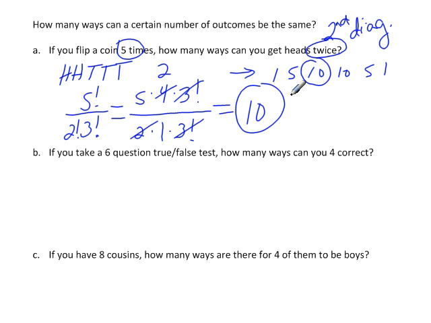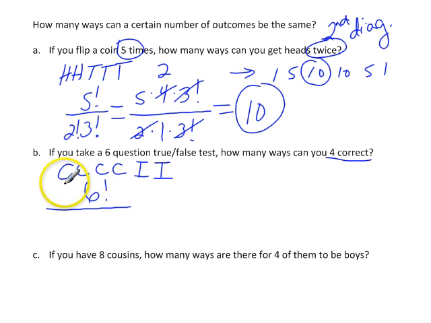If you take a 6-question true-false test, how many ways are there to get 4 correct? We have 4 correct, and that means we'll have 2 that are incorrect. Now we have 6 letters, so we're going to do 6 factorial on top, divided by our repeats.